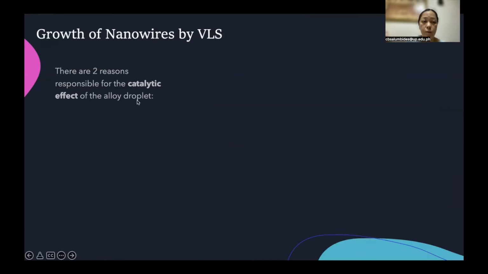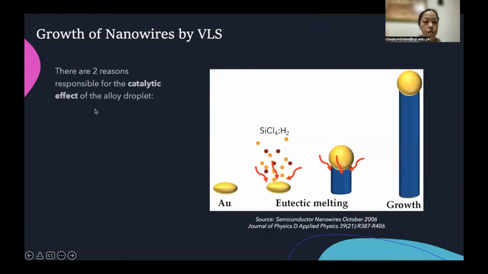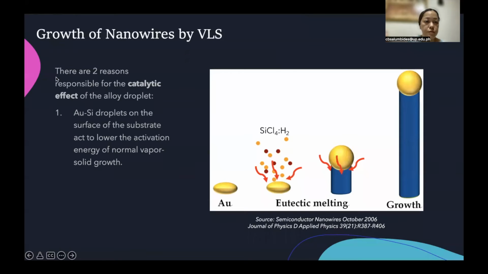But how does the alloy droplet help in the faster growth of crystals in the case of nanowires? There are two reasons responsible for the catalytic effect of the alloy droplet. First, the gold-silicon droplets on the surface of the substrate act to lower the activation energy of normal vapor solid growth.